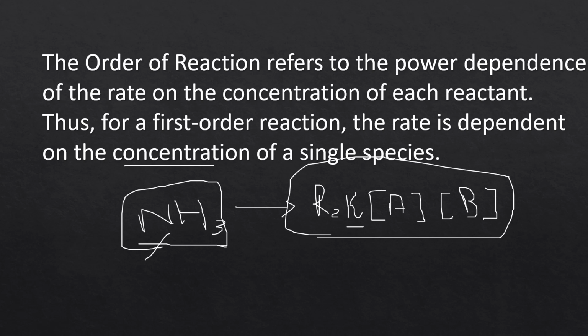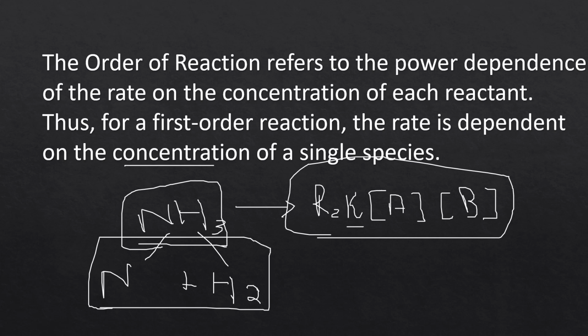Just suppose that the breakage of the ammonia is like N plus H2. Now, the first thing that should be noted is that the order of the reaction does not depend on the theory.